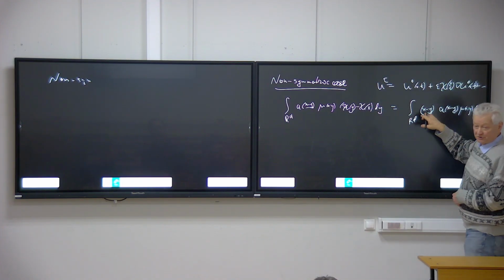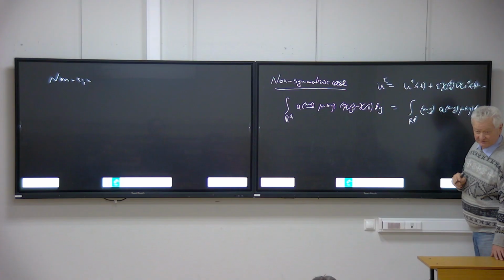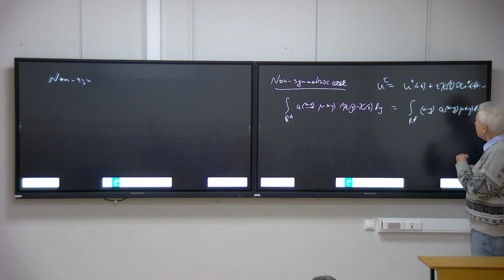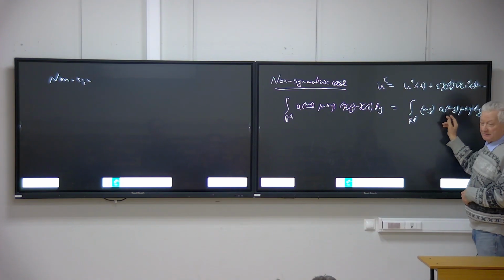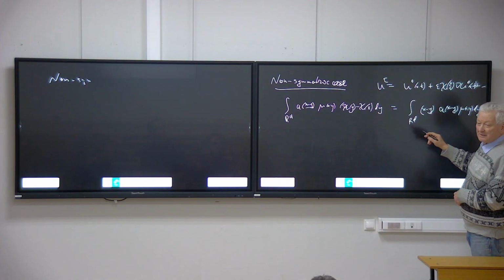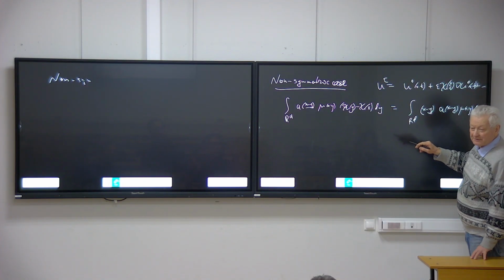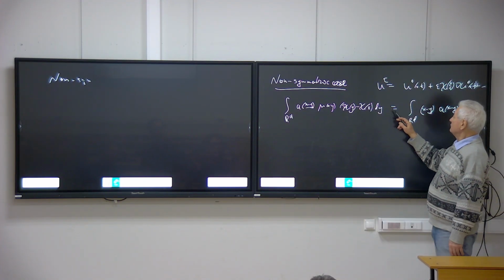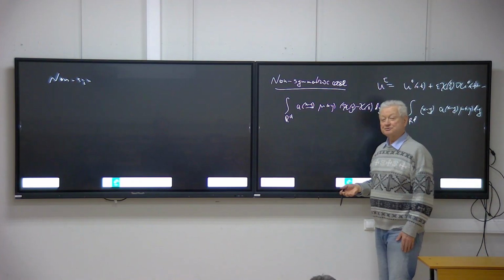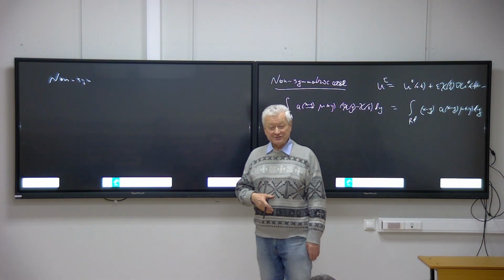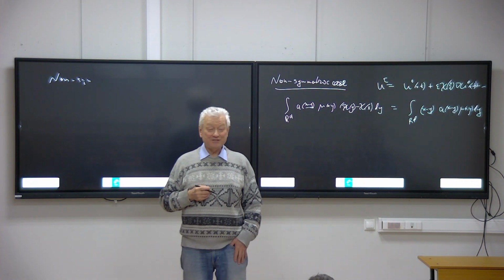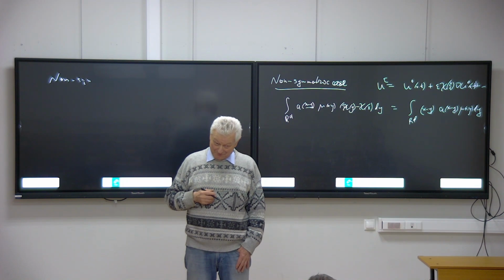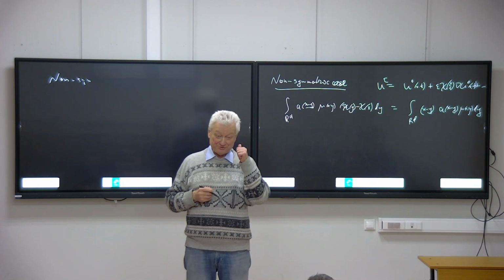I just sent this term to the right hand side of the same equation. But now this operator is not symmetric anymore, and on top of it, the right hand side should be orthogonal to the kernel of the adjoint operator. And the kernel of the adjoint operator is not a constant anymore. That's the problem.